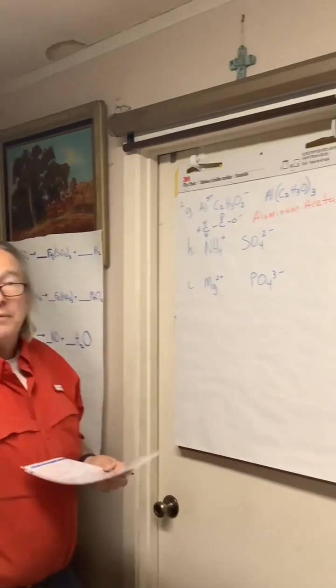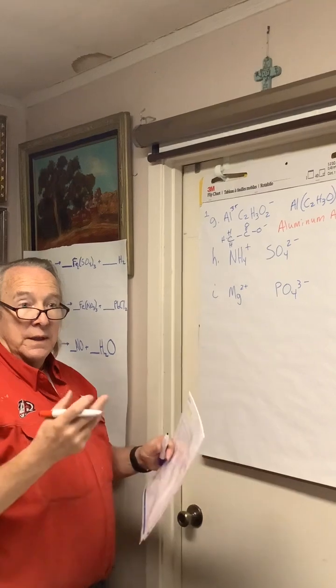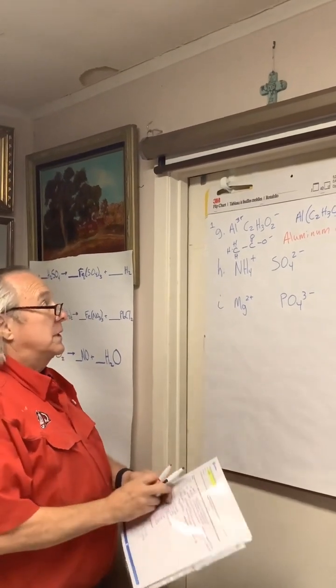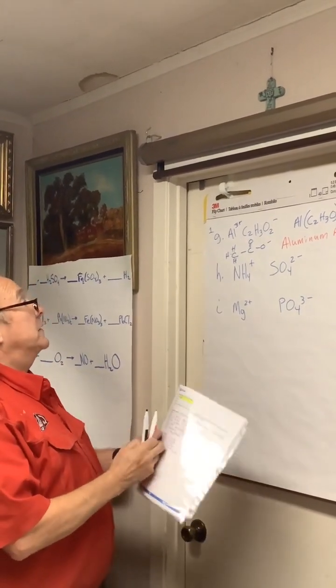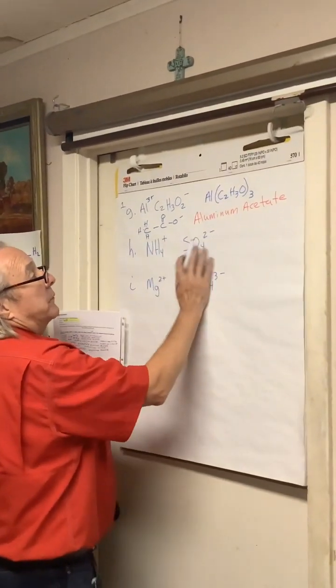You would get it by, for example, putting aluminum into acetic acid and letting it slowly, it would happen slowly, form aluminum acetate.